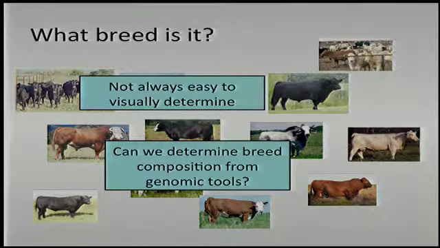I'll talk about this just a little bit more later, but in areas we haven't looked at yet with using marker information for selection, there may be tools where if we knew the breed composition of the animals, we could use that in our management systems, because breeds may be different. They may be one of our best indicators of how animals could be different in, say, a feedlot situation.